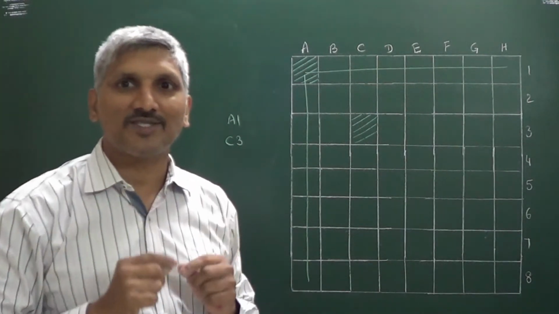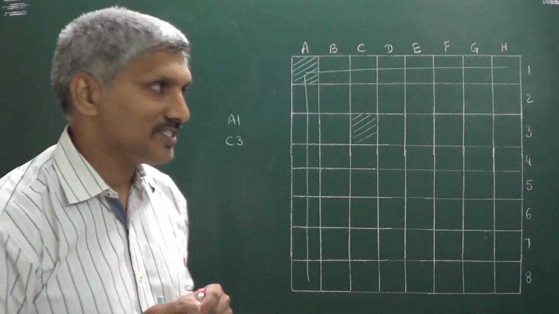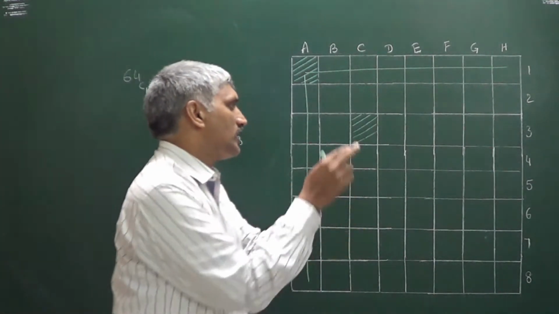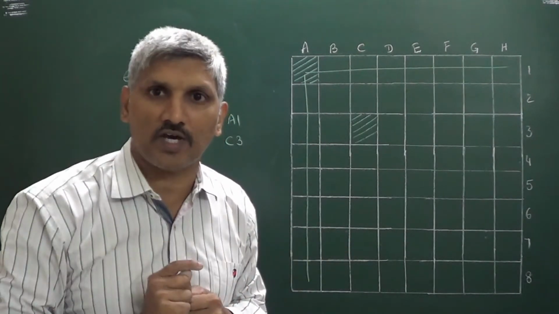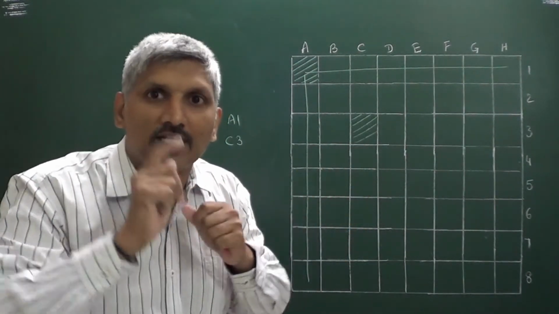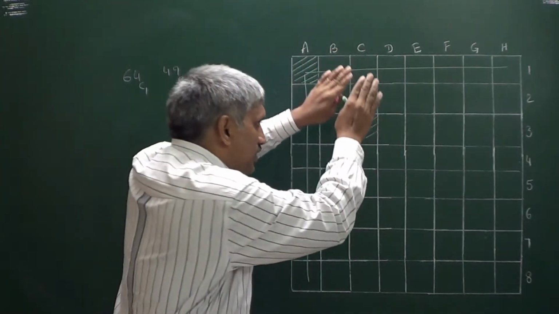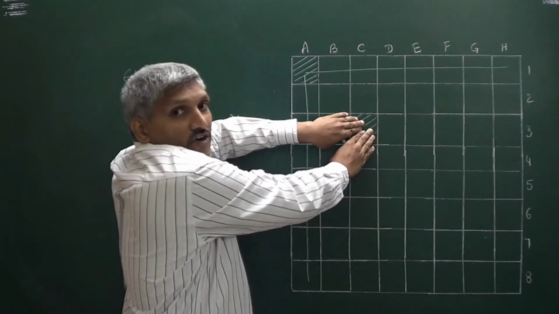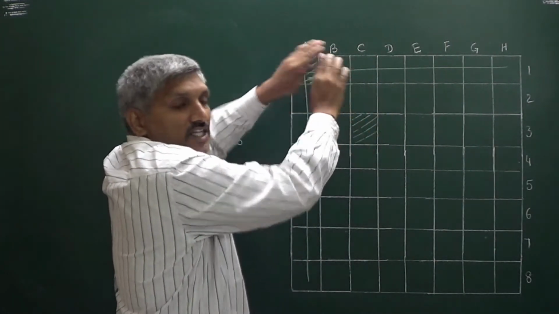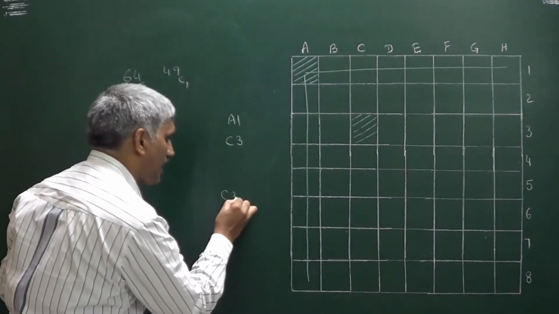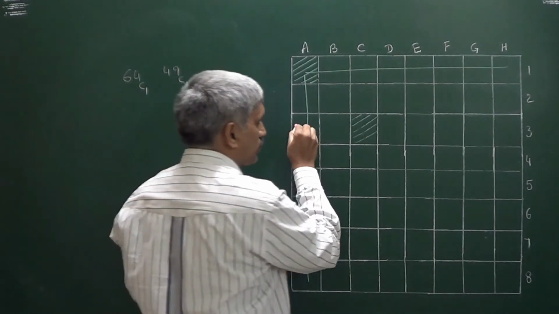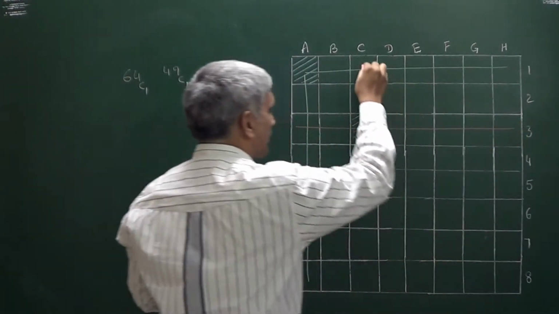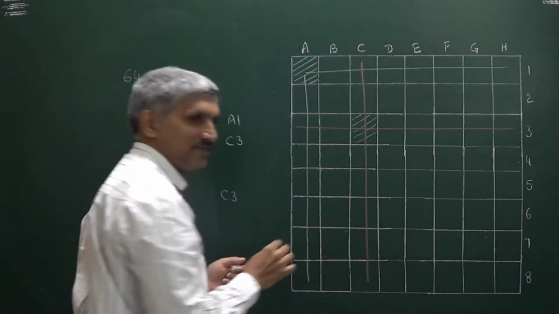But there is another case possible. What is that case? When first you select C3, because we are selecting any one square from 64. Suppose I selected this square from 64, that means C3 I selected first. Then we have to forget about this row and this column.